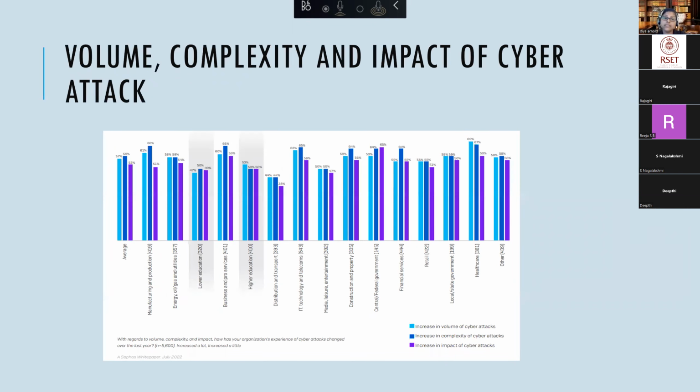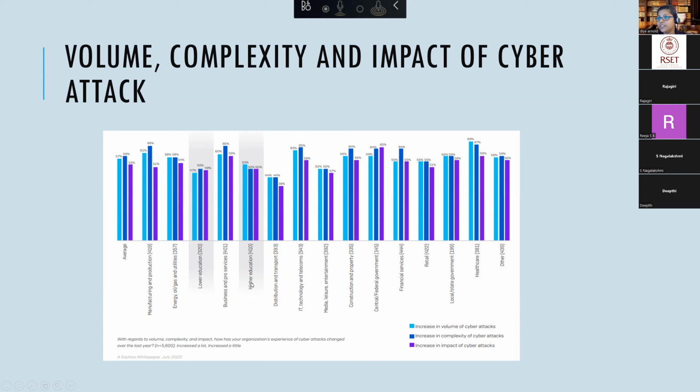Now, this is the rate of volume of the attack, complexity of the attack, and impact of the attack compared to the previous year. As you can see, for lower education there is around 47% increase in the volume of cyber attacks, around 50% increase in complexity, and around 54% increase in impact.